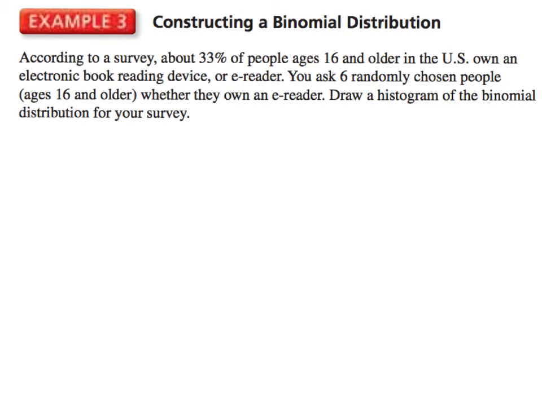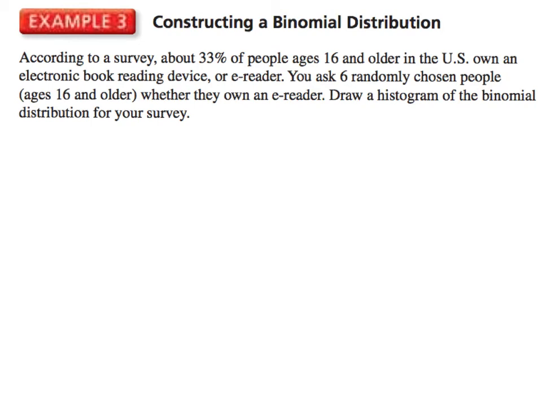According to a survey, about 33% of people ages 16 or older in the U.S. own an electronic book reading device, or an e-reader. You ask 6 randomly chosen people ages 16 or older whether they own an e-reader. Draw a histogram of the binomial distribution for your survey. So, this is where we're going to start.